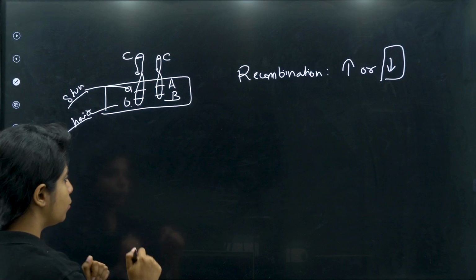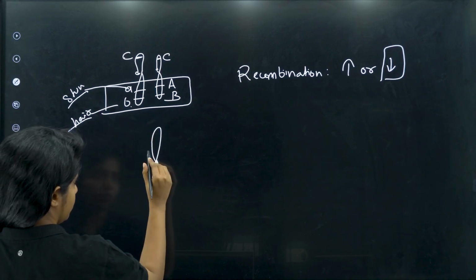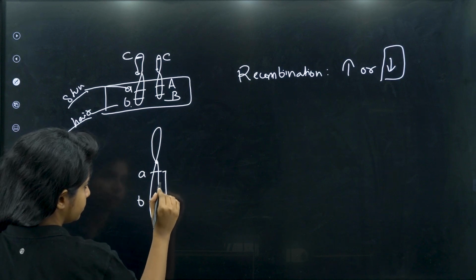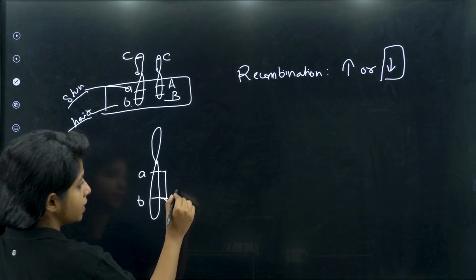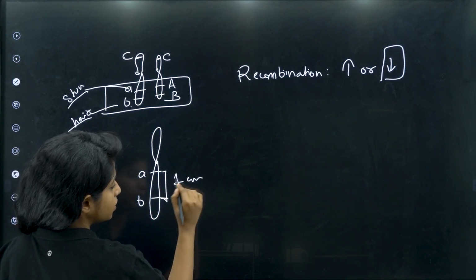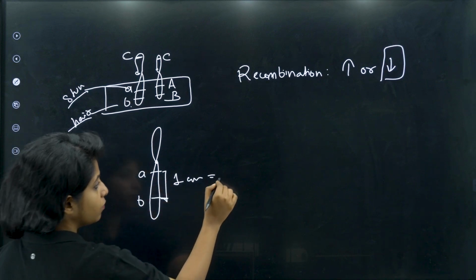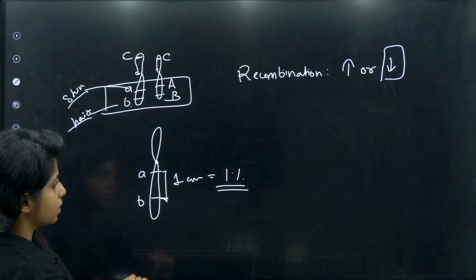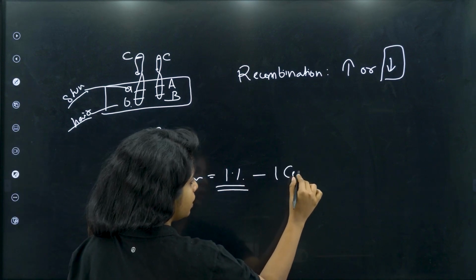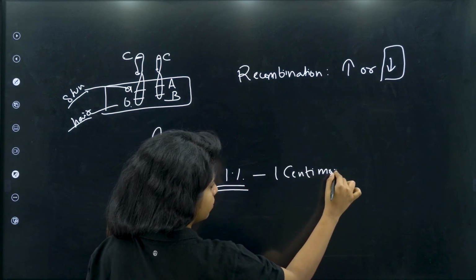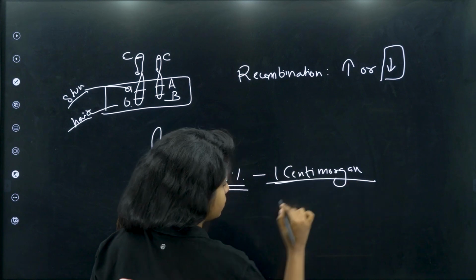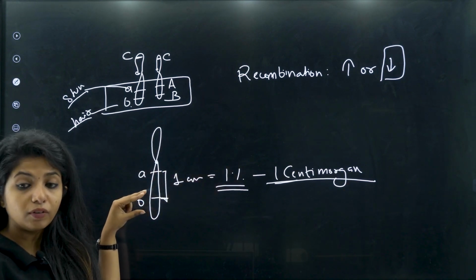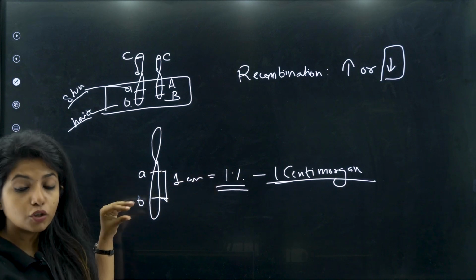Yeah. And now one more thing. If there is a gene like this and if there is another gene like this, basically I count it as 1 centimeter distance, or basically I say 1% recombination has happened. Basically that means I'm talking about 1 centimorgan of distance. Okay, the ones that have 1 centimorgan of distance, will they show more recombination?